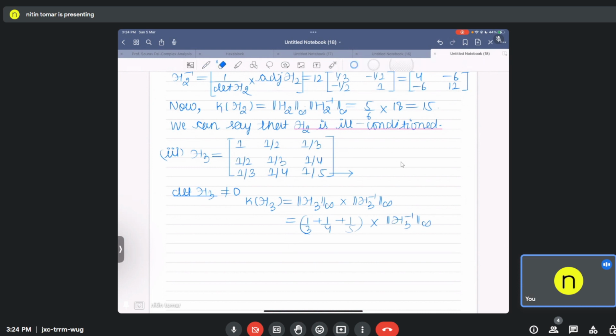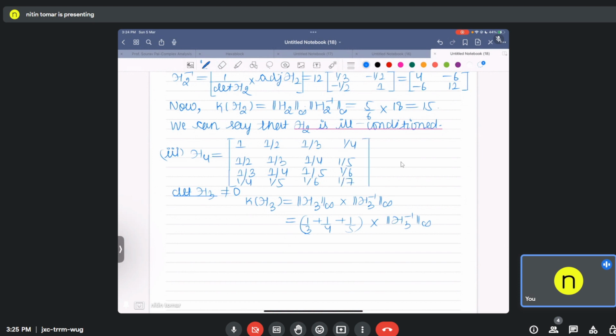Okay, to end this I will rather show H4, because I have done the computation for H4. So H4 will be 1, 1 half, 1 by 3, 1 by 4; then 1 by 4, 1 by 5, 1 by 6, 1 by 7.